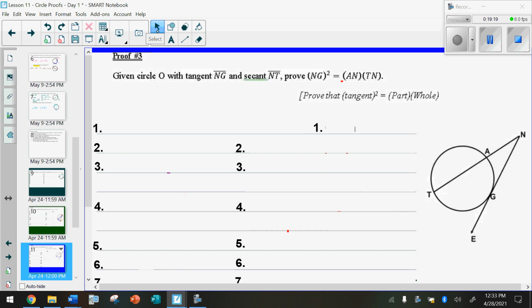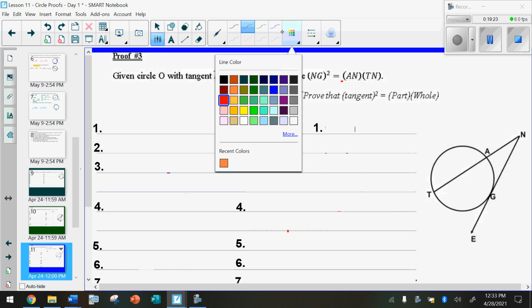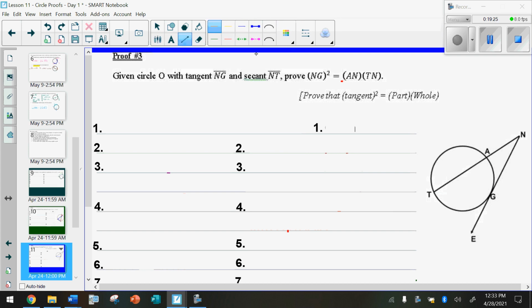Before we go too far, we again are going to need to put in some auxiliary lines that would help us generate some triangles. So we're going to connect T to G with an auxiliary line, and then connect A to G with an auxiliary line.